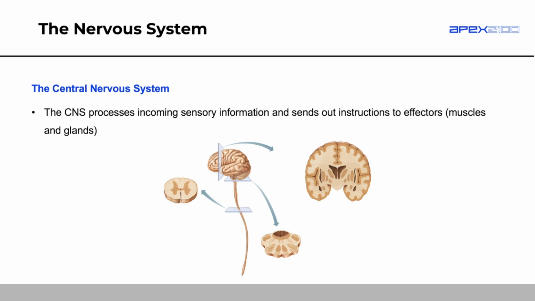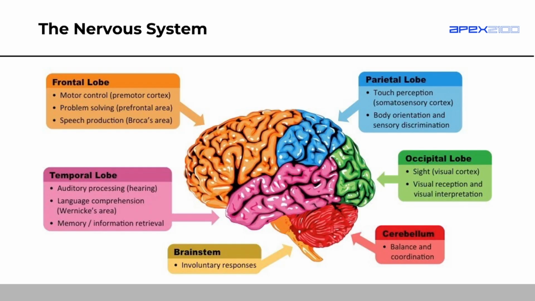So the central nervous system, the brain and the spinal cord, processes the information that comes in from our senses and sends out instructions to effectors, either muscles or glands. You need to know some of the different lobes of the brain and a general overview of what each lobe does. The frontal lobe is involved in motor control, that's moving around, problem solving and speech.